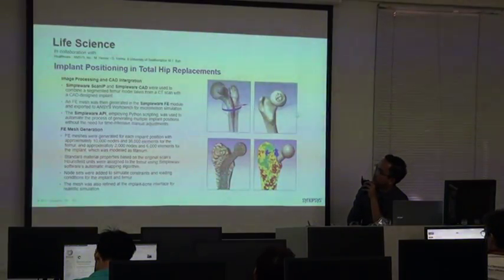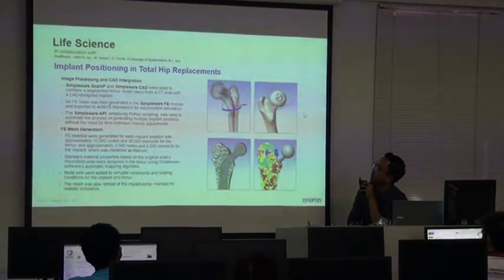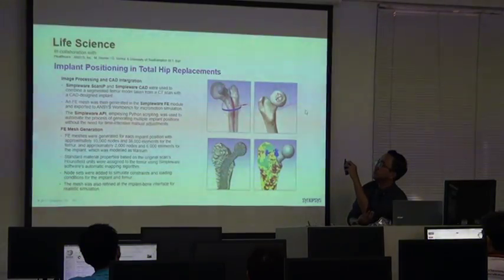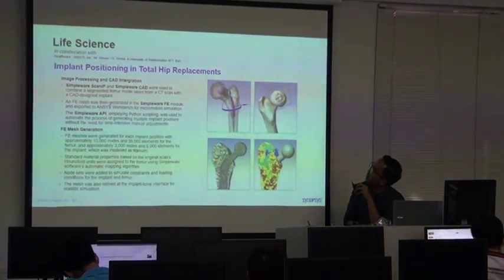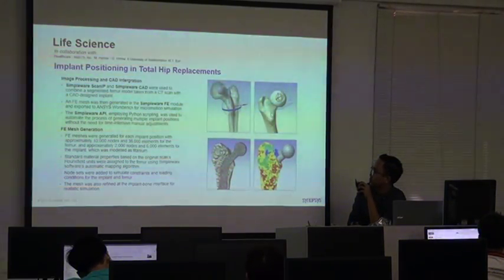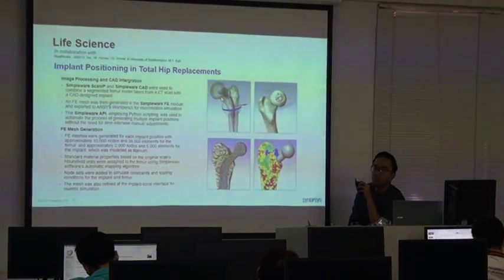Okay, and also it will be great to do the implant positioning. This one has been created by healthcare, collaborated with ANSYS. So they would like to do the implant positioning. This one we have time later, we will do this exercise.